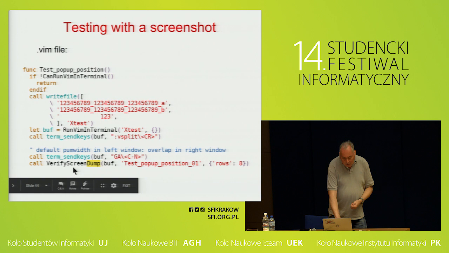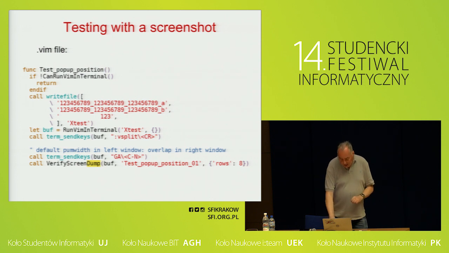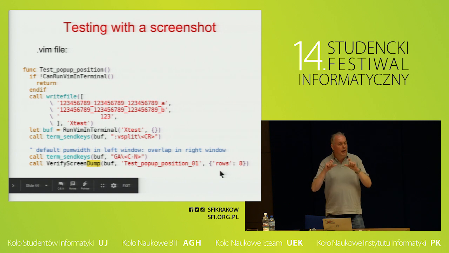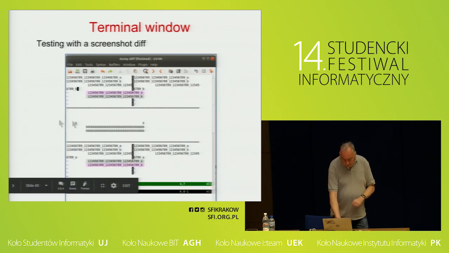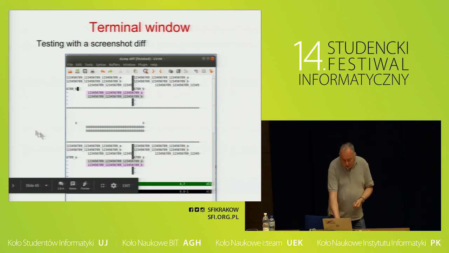And then what happens is, you actually create the dump here. So you trigger the pop-up menu, and then you say, okay, now I want to see what it looks like. And you give the name of the dump, and maybe some arguments like I only need 8 rows of the dump.